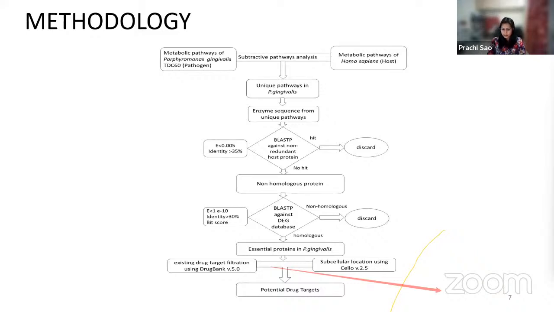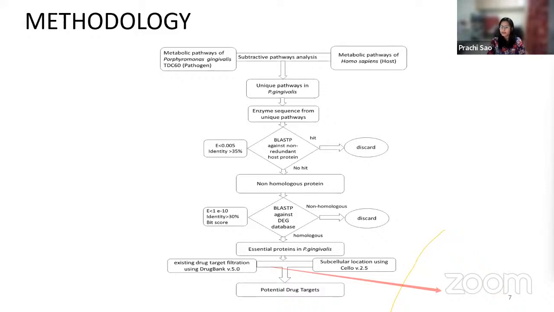So suppose we have some 10 sequences which we think are essential, and which are in a proper location, so they are accessible also. Those 10 proteins we will BLAST in DrugBank. What it will give us is the information on whether these sequences are already used or not.